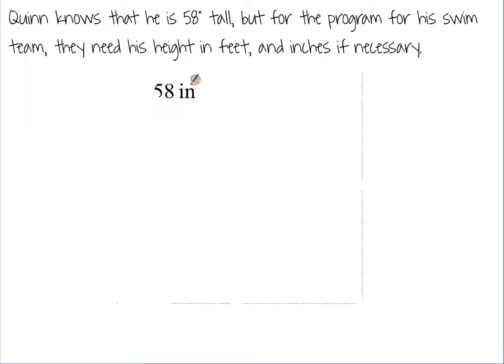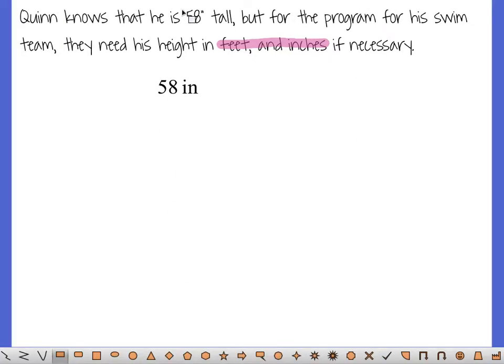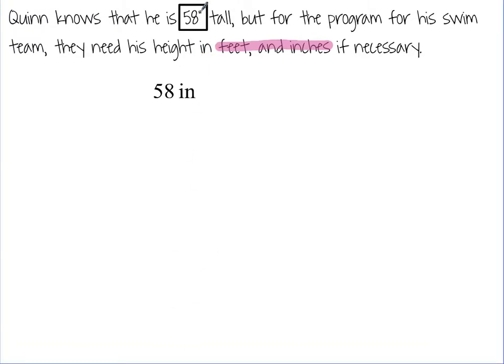First, we know that we're starting with 58 inches, and we are going to feet and inches. The reason I know it's inches is that these little quotes up here indicate inches when you're talking about numbers. When you see those two little apostrophes, or what looks like a quotation mark, that means inches.